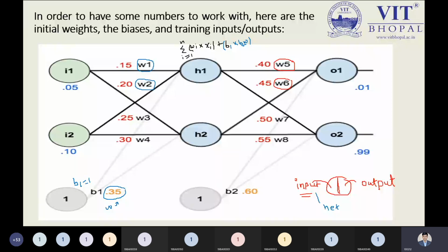Calculating the net value of H1 is similar to calculating the net value of O1. There is nothing different. Sir, do we need to add B2 also for the net input of O1? Of course, the bias is connected, so we have to include it. It is mandatory. If it is not connected, then it's okay.